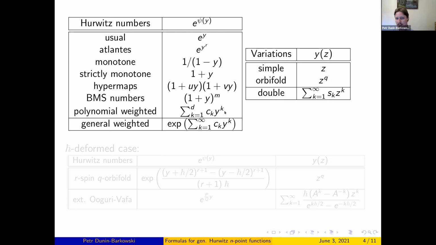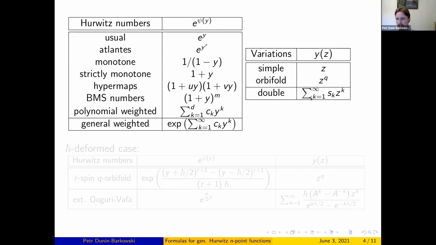You can consider, for instance, polynomial weighted double Hurwitz numbers when you terminate the formal power series and take just a polynomial for x of psi and for y of z. This is the situation which was considered by Alexandrov, Chapuy, Eynard, and Harnad in their paper. I will refer to that paper a little bit later as well.